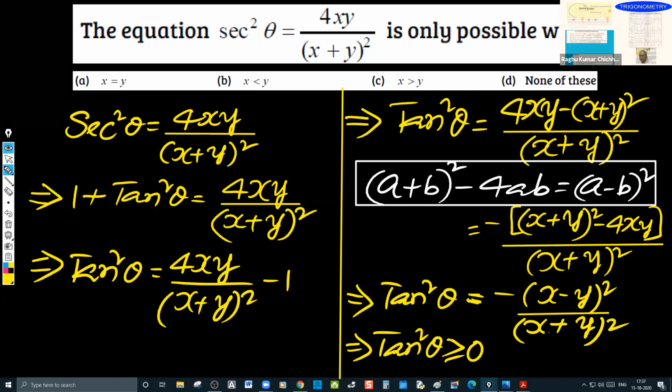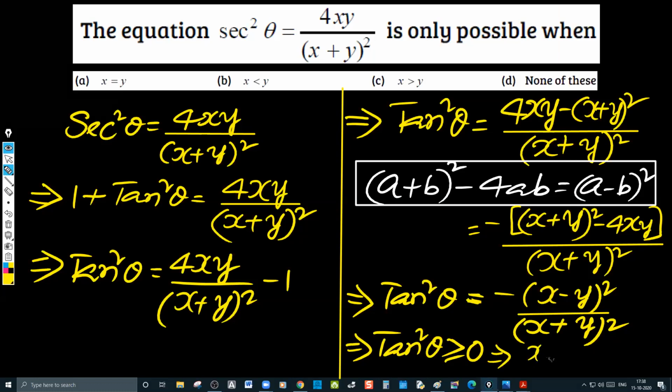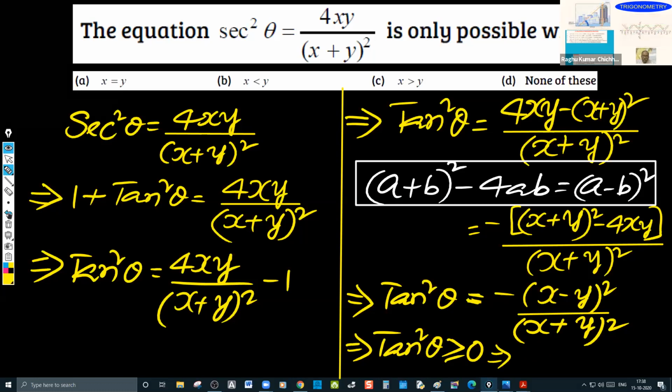So plus by plus is plus, plus into minus is minus. So you have got tan square theta negative here, which is not possible, and hence the only possibility is that this must become 0. Are you with me, what I'm saying? Yes, sir. The only possibility is that this must become 0.